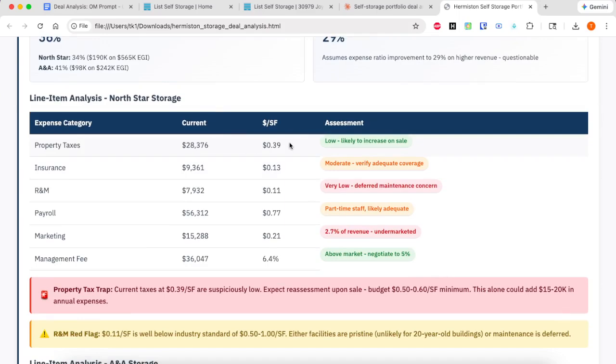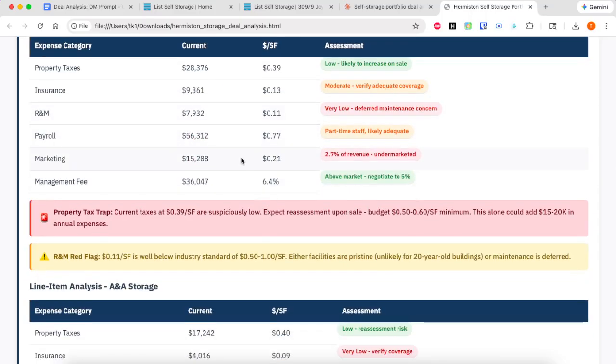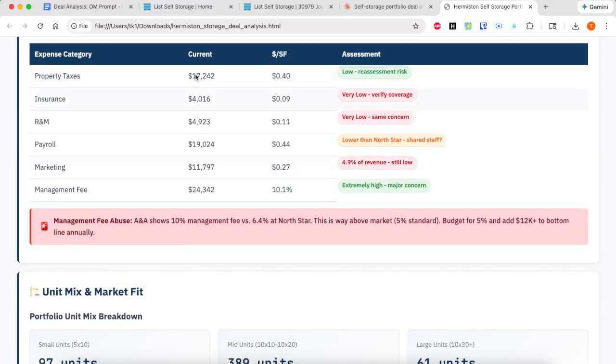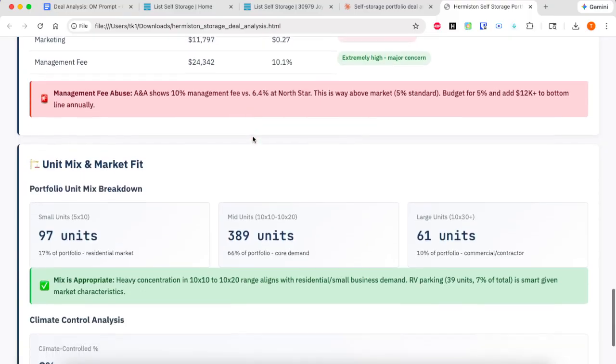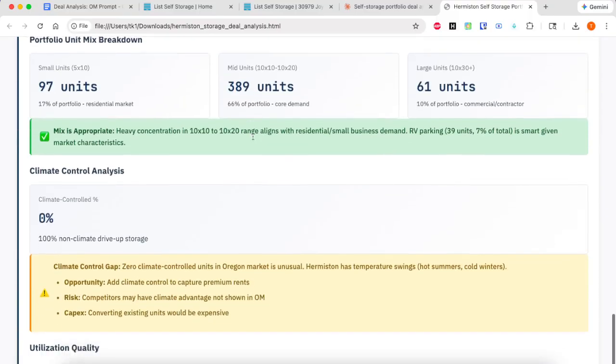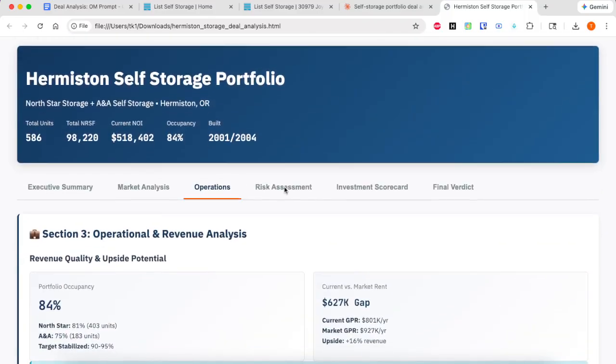So, I mean, it's just incredible. It already identifies things that are out of range. Now, you could also specify in the prompt whatever thresholds you are looking for on the expenses or even revenue for that matter, and have it identify and flag those. So these are just what it's basically estimating, but you could refine the prompt and have your own projections in that prompt and compare the deal to those. And so that's operations.